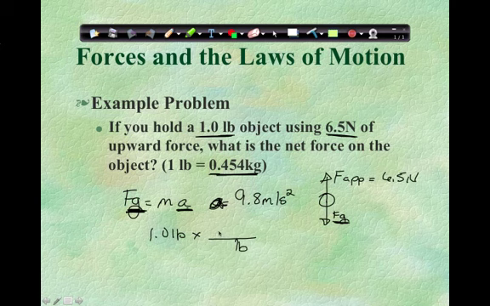So pounds goes on the bottom, kilograms goes on the top. 1 pound is equal to 0.454 kilograms. So really we have mass of 0.45 kilograms. Didn't even really need to do the math for that. So I have mass, which is equal to this.